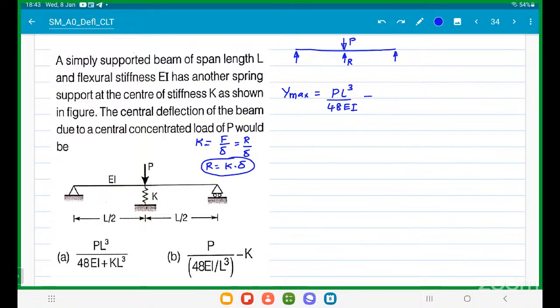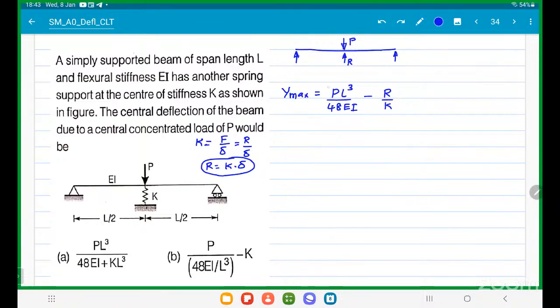Delta is equal to R by K, correct? Separated, right? So what is the net deflection?